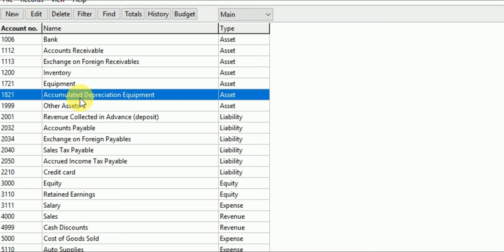So every year nag-expense ka ng 8,000 diyan sa equipment mong 'yan. Kaya nag-accumulate ka ng depreciation pero negative dapat, no? Kasi depreciation nga, so minus 8, susunod na taon, minus 8 na naman, so minus 16 na yung total kasi accumulated. And then minus 8 na naman, meaning 24,000 na. Minus yun, no? And then minus 8, 32,000 na. And then minus 8, 40,000.